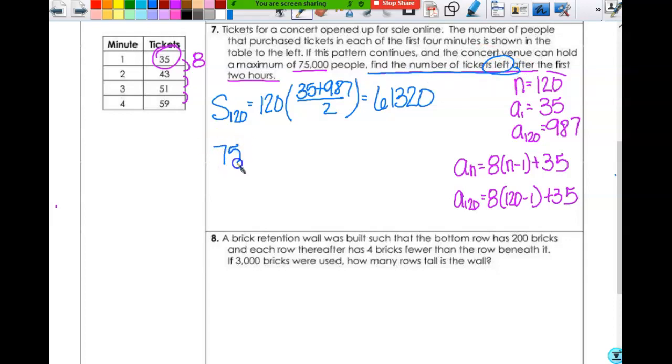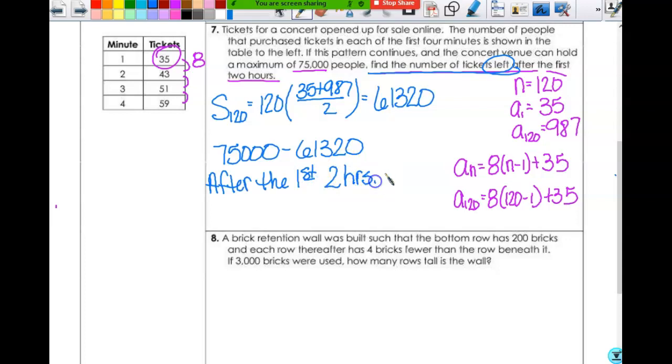So I'm going to take that 75,000 that we had, subtract that 61,320, and I can say after the first 2 hours, there were, subtract them, I get 13,680 tickets left.